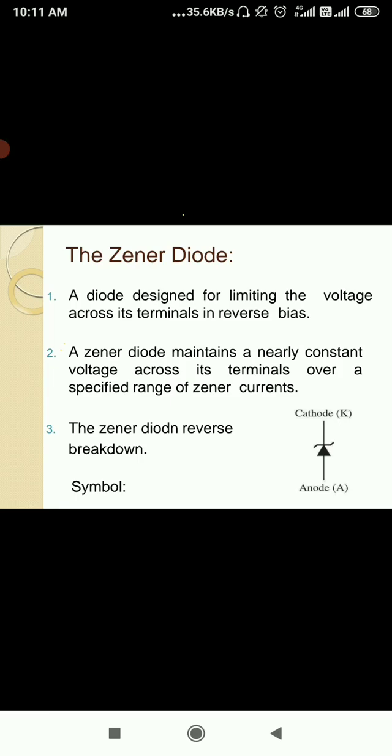ये क्या करता है Zener diode, हमें constant amount of voltage देता है, and at the same time there you will get an increment in current. मतलब voltage constant है but current बढ़ रहा है, due to which we can say Zener diode is specially designed to limit the voltage, only when Zener diode is in reverse bias.